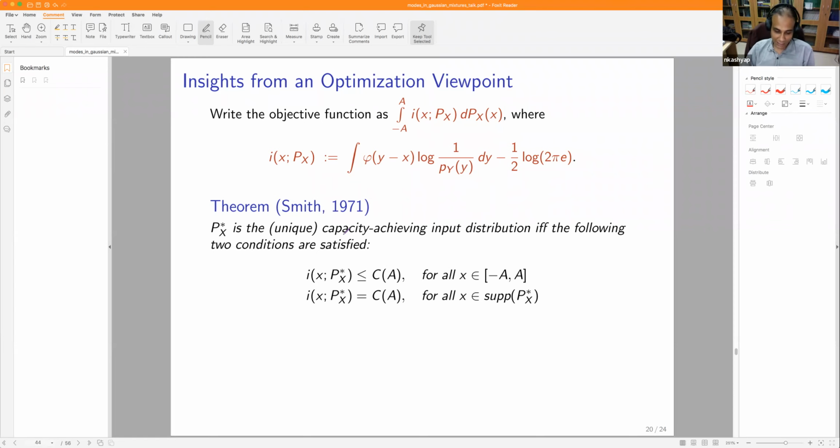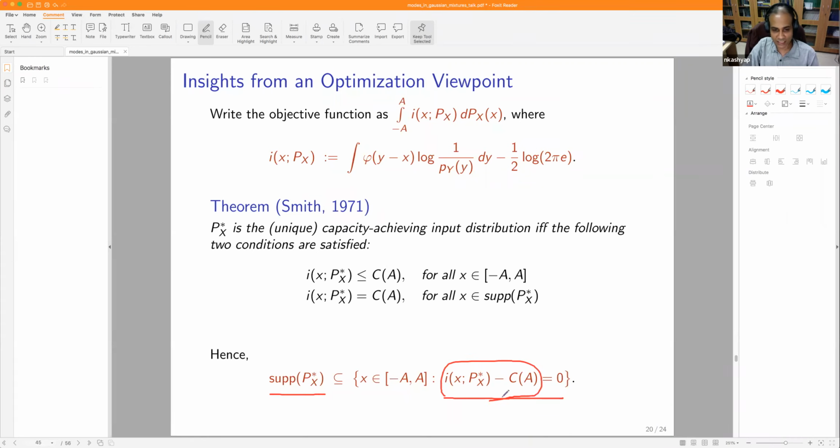You work all of those out, and you get a certain condition from which you infer the following: the support of the optimal input distribution must lie in essentially the zero set of a particular function. There's a particular function whose zero set must contain the support of the input distribution.